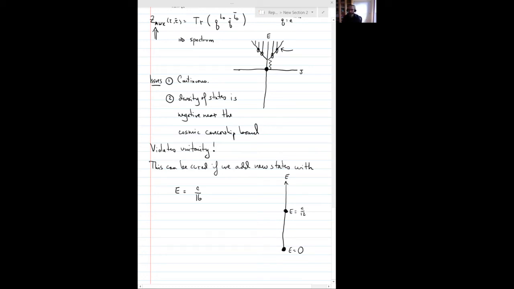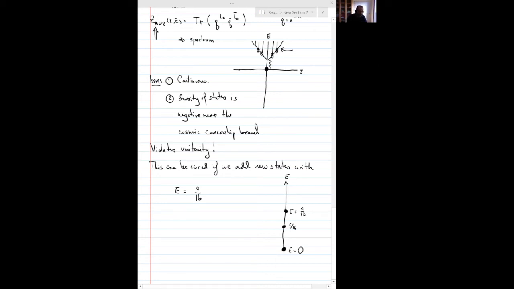And it turns out that if you want to cure the negativity, one strategy is to add new states in the theory. So you could ask, how heavy can you make the first state that you add in a way that cures this negativity? It turns out the first state you need to add is a state with energy c over 16, which lives right here.